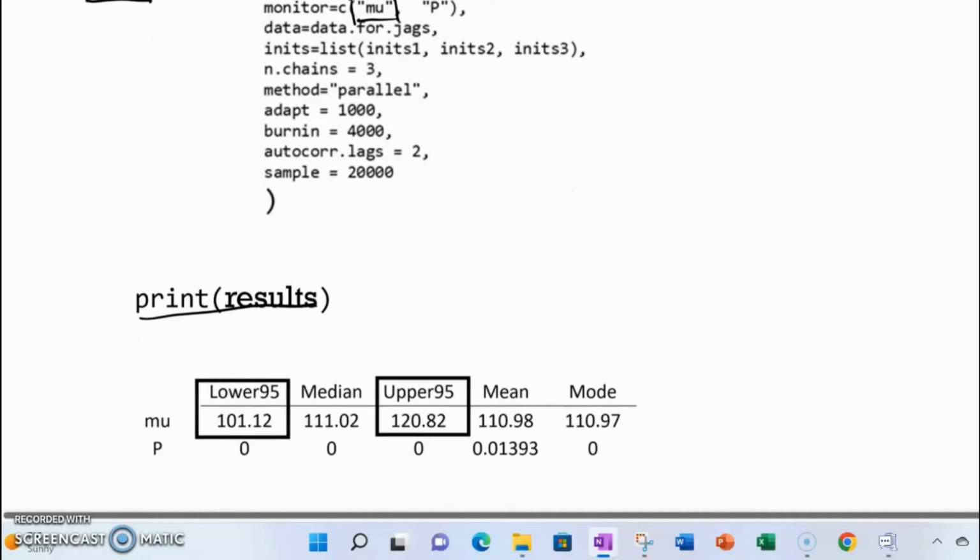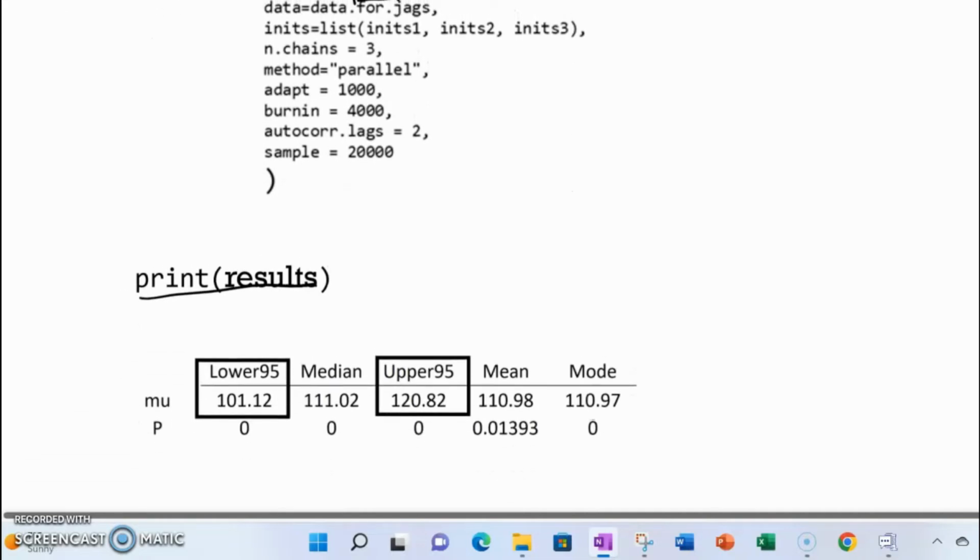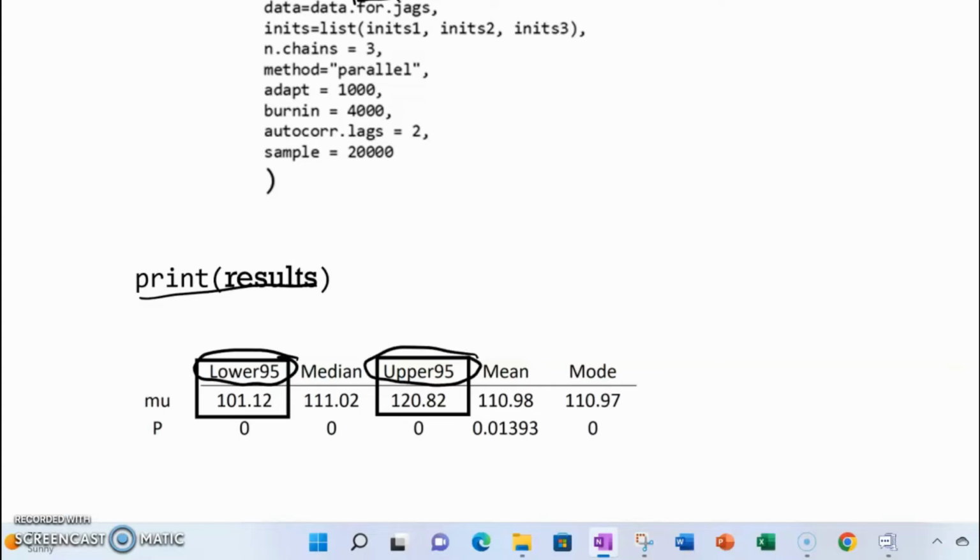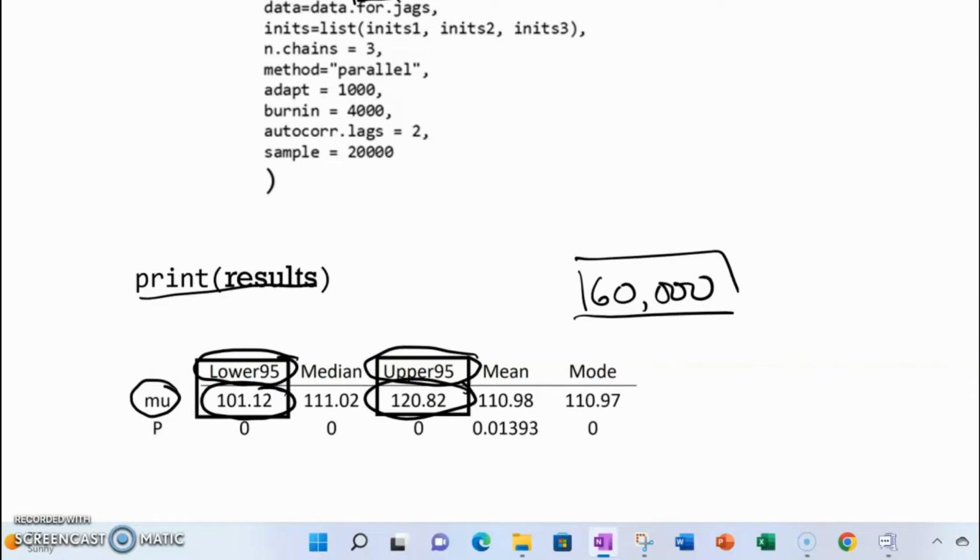We print results. And by default, it gives us the 95% credible interval. So what's happened is, on its random walk, JAGS has generated 60,000 values of mu, and 95% of them lie within this range.